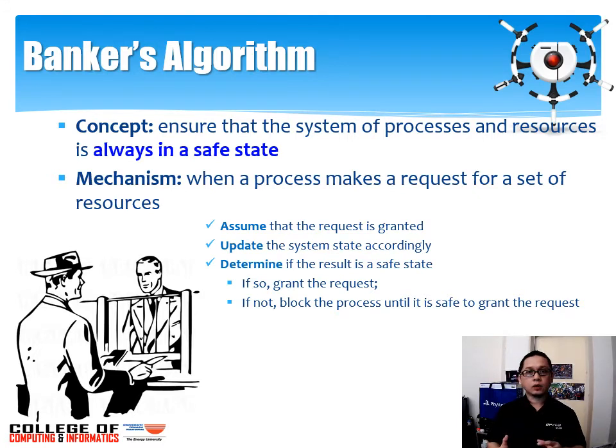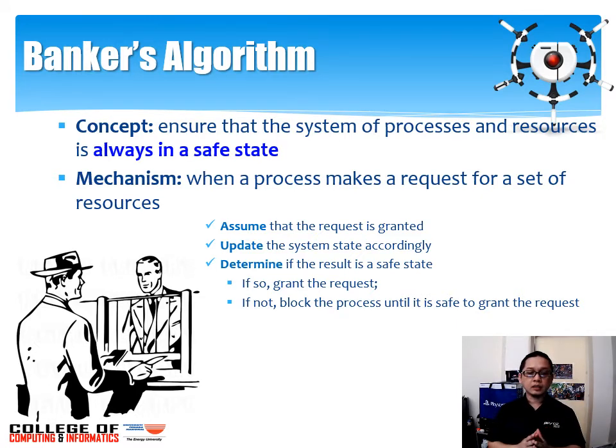That is what you viewed in the example: whether a process request of resources is safe enough to proceed because we have enough resources to give, or unsafe if we don't have enough resources to give to the requesting process.